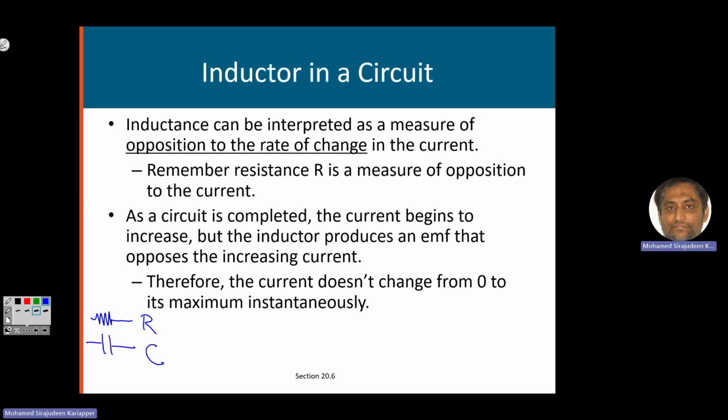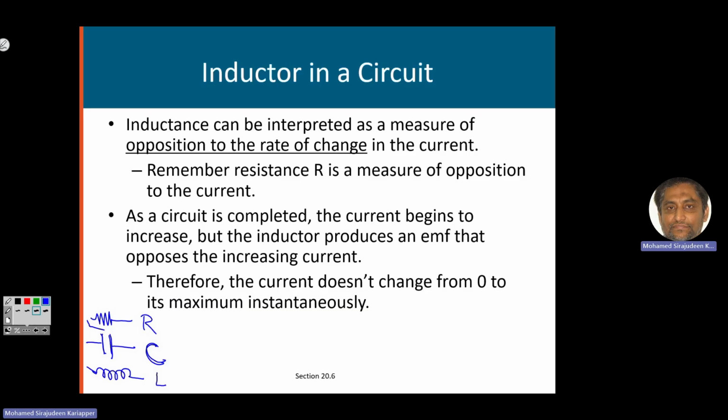The capacitance of the capacitor is given by the letter C. And the inductor is a coil like this, like a spring. These are the basic elements of an electronic circuit: resistor, capacitor, and inductor. Resistor will oppose the current, try to reduce the current. Capacitor will store charge, and inductor will oppose the change in the current.